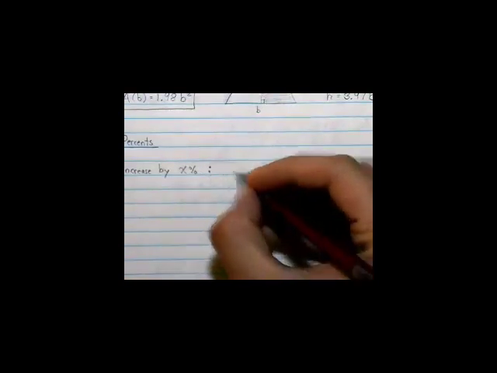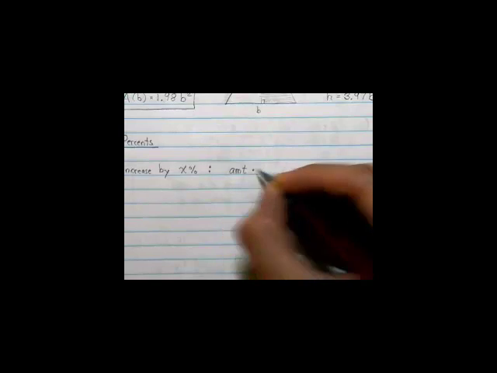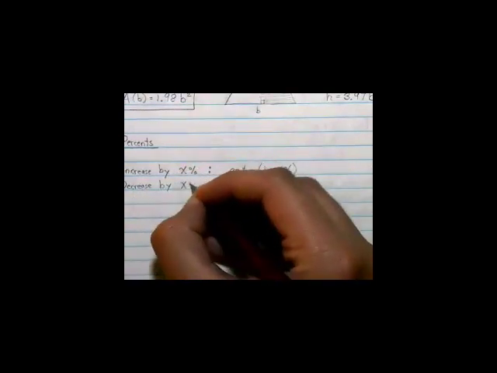Okay? So to do that, you're going to take the amount and then multiply it by 1 plus the X percent. If you're going to decrease by a certain percentage, how does that process change then?